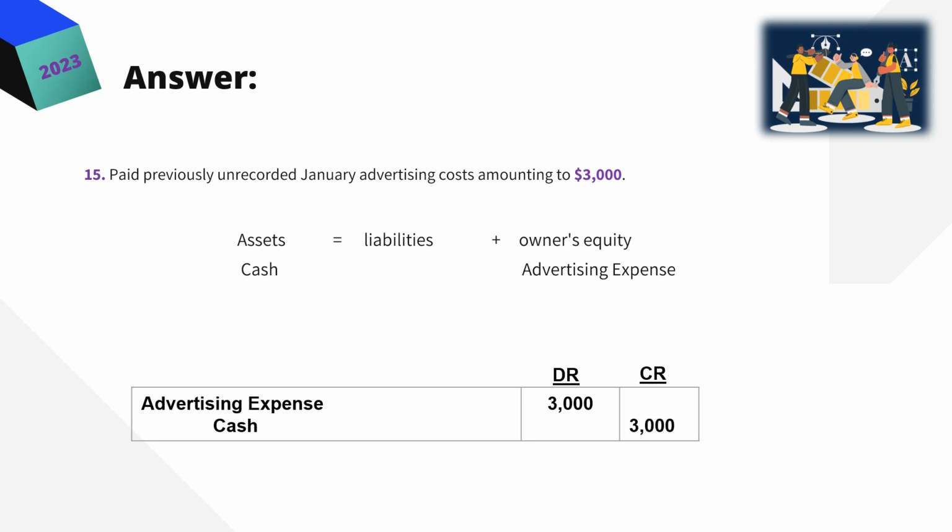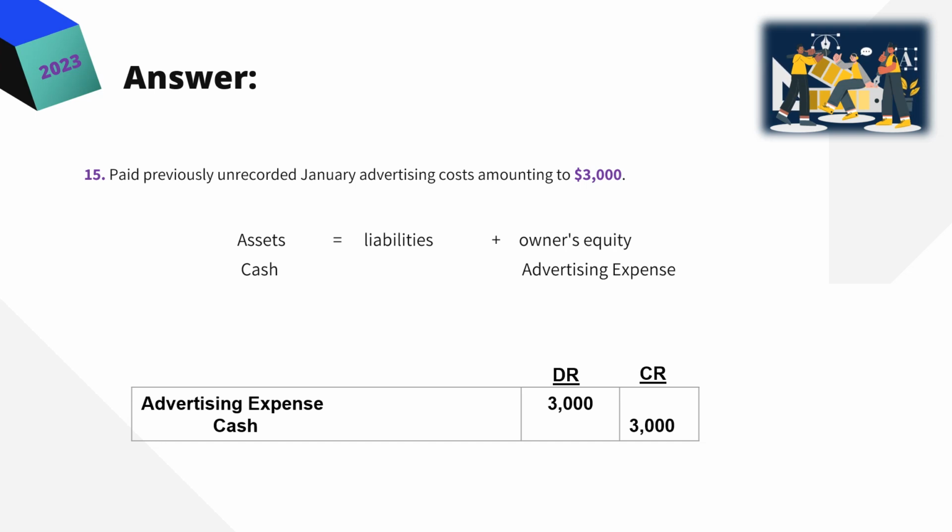Some people might say, well, you owe for this advertising cost. But we've never set it up as a liability if we've never previously recorded it as such, and therefore we've never previously recorded it as an expense. So what we'll simply do here, and this is really the lazy man approach, we'll simply record the outflow of cash and call it an expense, increasing the expense by debiting it. Again, the journal entry is to debit advertising expense for $3,000 and credit cash for $3,000 to show the outflow of cash.